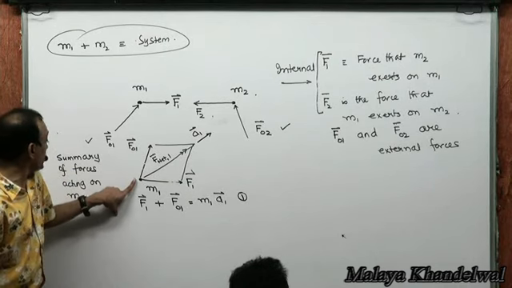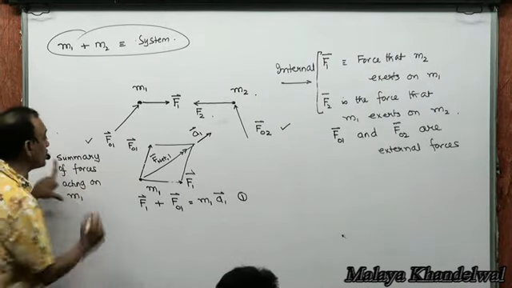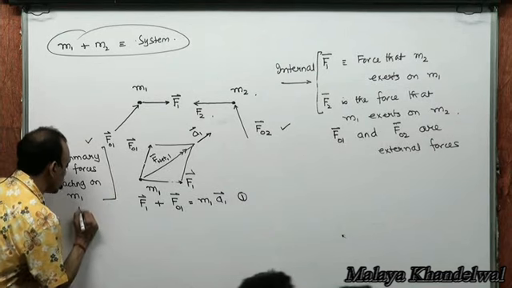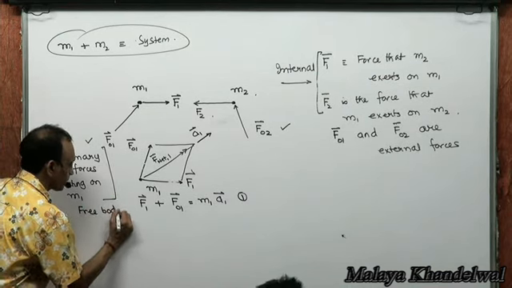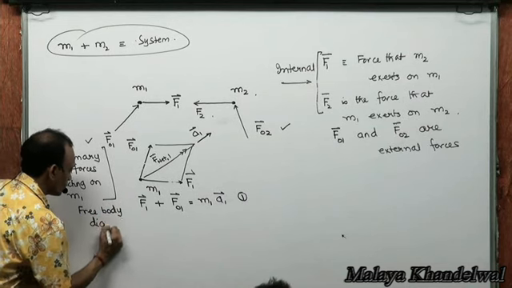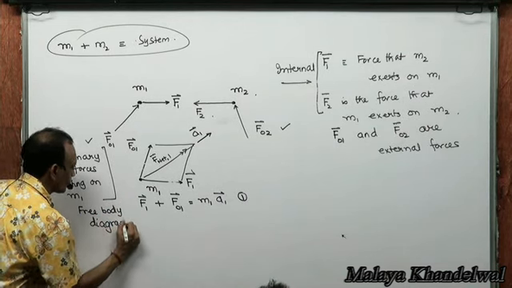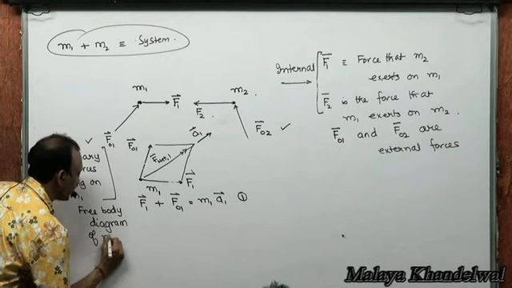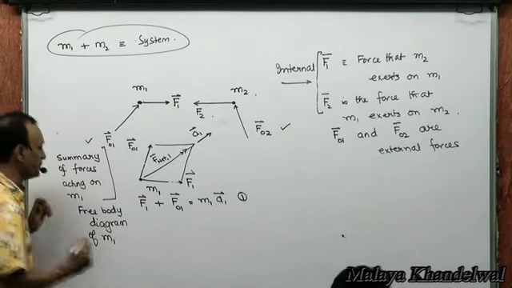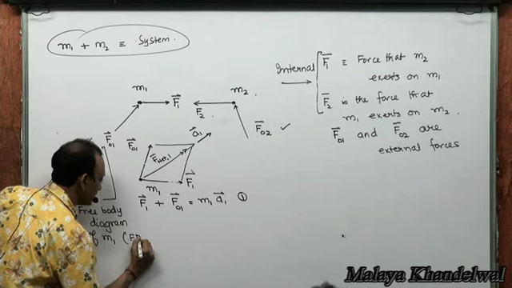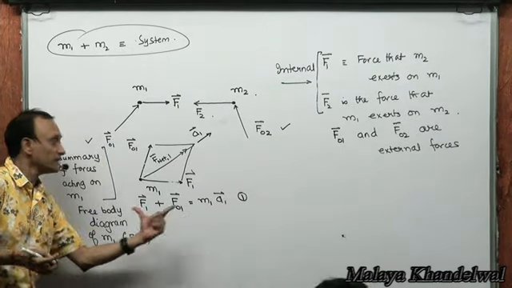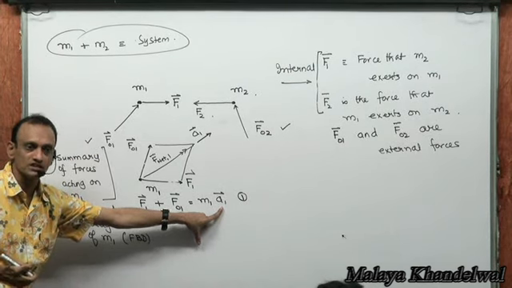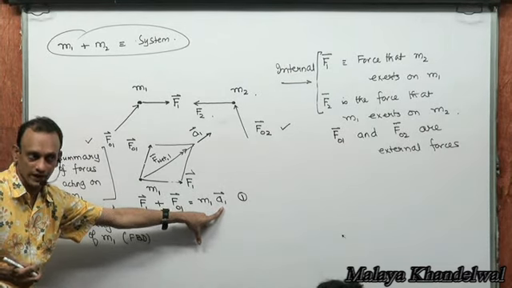The summary of forces acting on M1 alone is called the free body diagram of M1, FBD. This is the effect of all those forces.